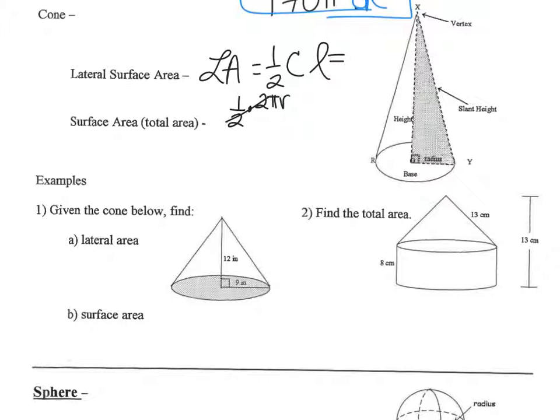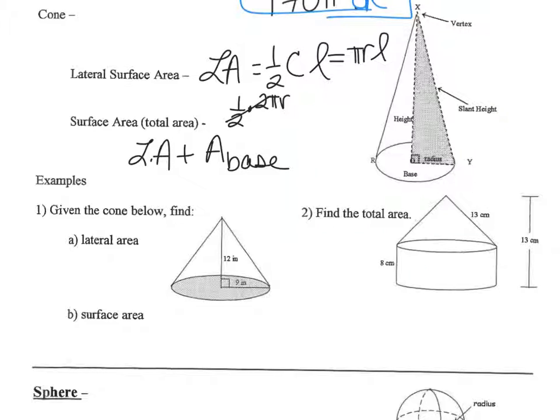Well, half of 2, that cancels to 1, so we could write this as pi r and then the slant height, L. The surface area of a cone, the total surface area, would be your lateral area plus the area of the base. And in this case, that would be a circle.